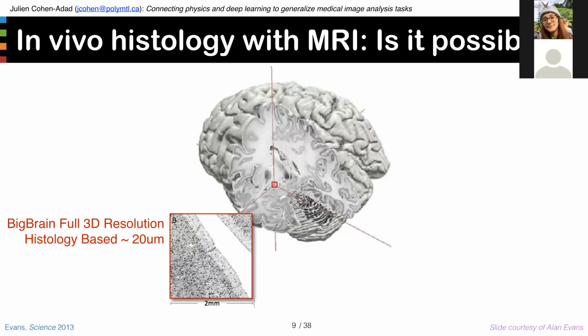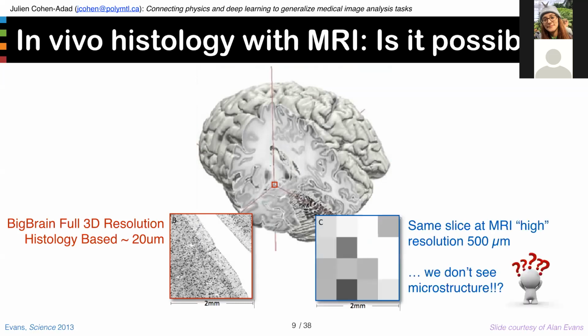This is an example of a histology at about 20 micrometer resolution. However, when we do MRI, the voxel size, a voxel being a 3D version of a pixel, is on the order of hundreds of micrometers. So you cannot really see neurons or relevant structures in there.